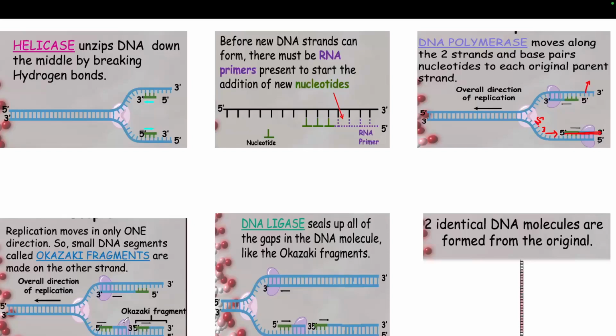Like in short distances the Okazaki fragments will form, and once all the strand synthesis is done, then DNA ligase will come and refill the gaps present between the two Okazaki fragments. And at last the RNA primer will also be removed by the DNA polymerase 1.